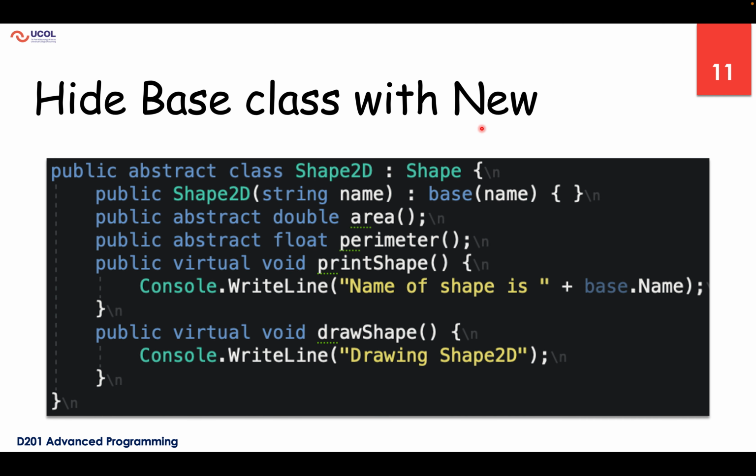Hiding the base class with the new keyword. What does it mean? We have the base class shape 2D, which is again the child of the shape class, and then we have the shape 2D constructor, the abstract methods area and perimeter, then the virtual methods draw shape and print shape. That is the same as what we defined earlier.